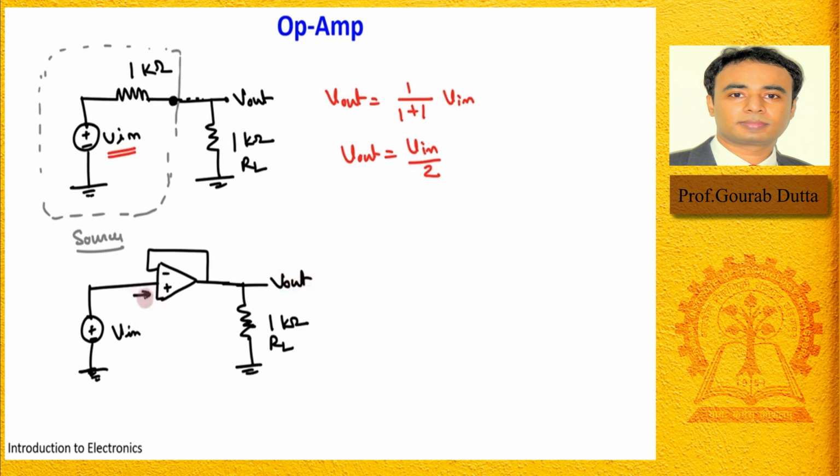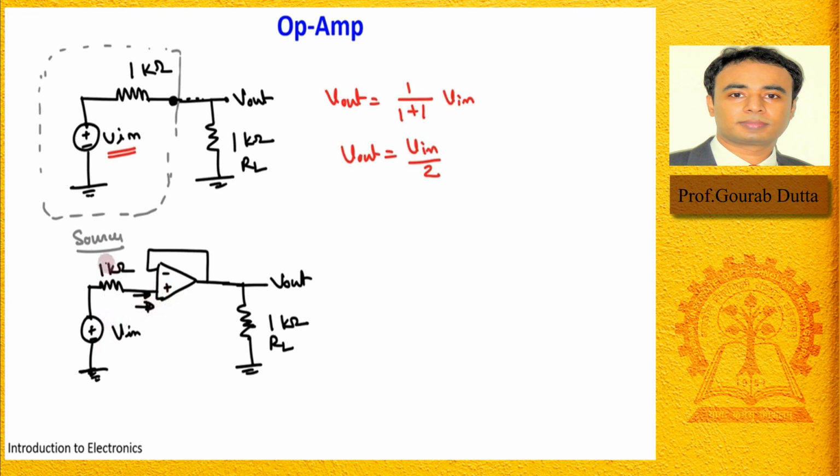So what is the input impedance here? Infinite. So the total V in will be falling. Okay, I forgot to draw this part, so let me draw this 1 kilo ohm resistance as well here. So this is 1 kilo ohm, right? But what is the input impedance if you look from here? This is very high, infinity, right?